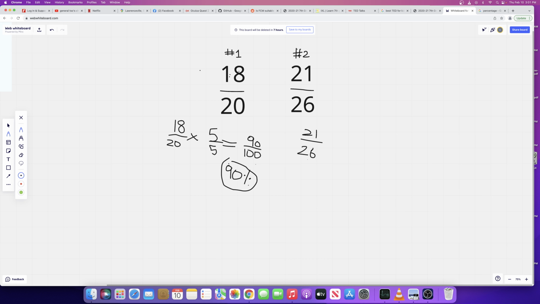We're going to multiply this by something so that the denominator of our answer will be 100. In this case, you can't figure it out easily, so like I said before, we're going to have to divide. So you do 100 divided by 26, and that is a really long decimal. So you're not going to be 100% accurate with this one.